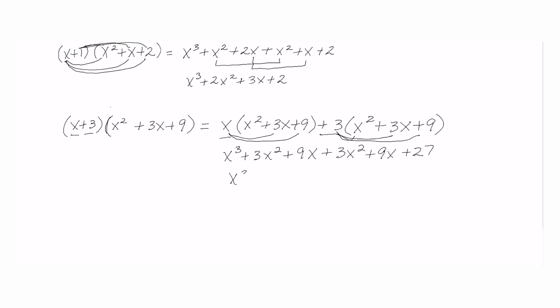So we're going to wind up with x cubed, and then we're going to have 6x squared. And then as far as x's, we're going to have 18x. And finally, we'll have a 27. So there's a quick look at multiplying polynomials.